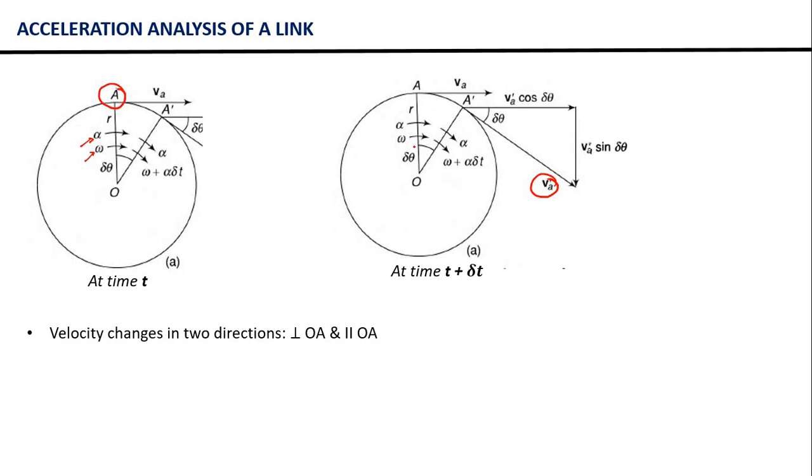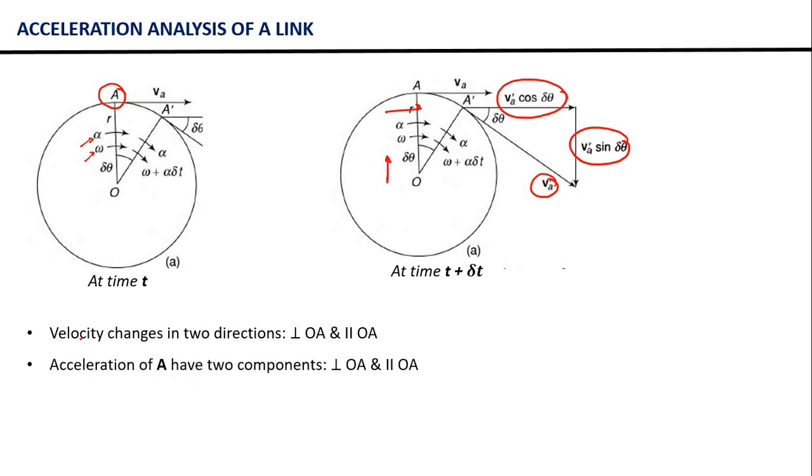One direction is perpendicular to this length OA and another direction is parallel to this length OA. So you can see one component of the velocity vector is perpendicular to OA, and another component of the velocity vector is parallel to OA at time t plus delta t. That is, the change in velocity is happening in two directions.